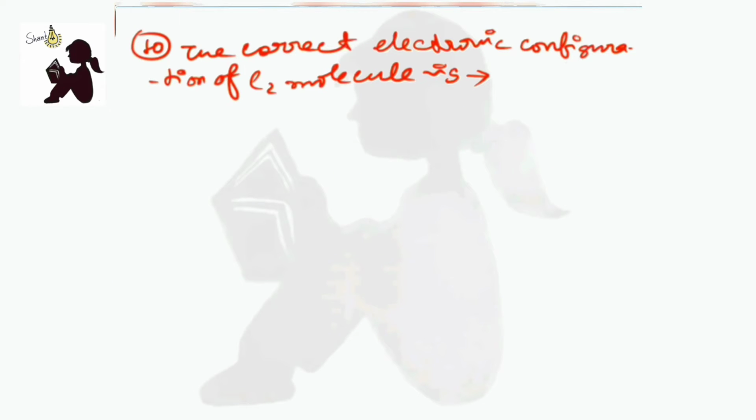Here in the 10th question, we have the correct electronic configuration for the C2 molecule. Now for that, we have to write its electronic configuration for one C atom, that is 1s2, 2s2 and 2p2. So we are having another C atom here, so 1s2, 2s2, 2p2.